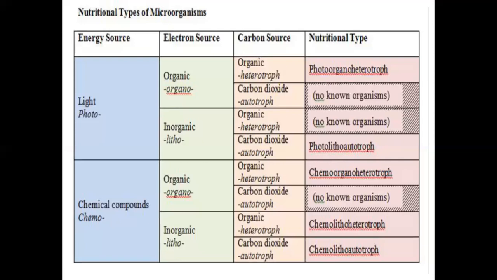If the energy source is chemical compounds for any microorganism, we have to mention it as chemo. Coming to the electron sources, again there are two types: organic compounds and inorganic compounds.